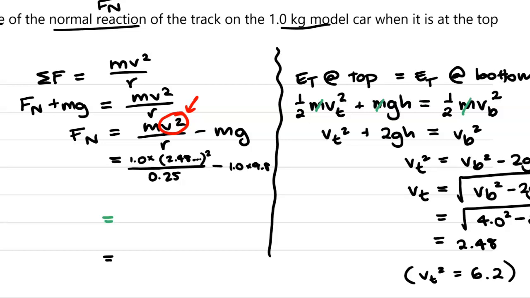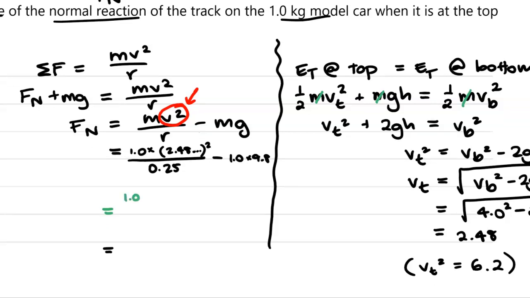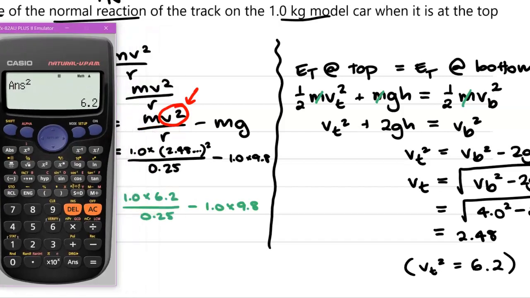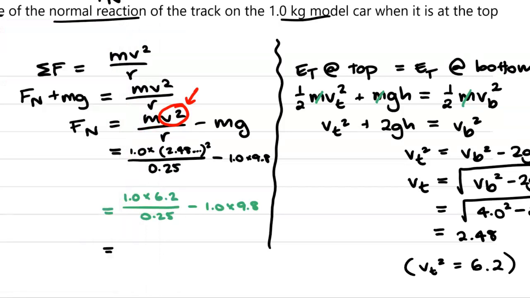What you could do instead is you could have done 1.0 times 6.2. That was the value of the top velocity squared, over 0.25 minus 1.0 times 9.8. Either of those will get you the same result. Calculating what that result is, we would have 15 newtons for the size of our normal force here.